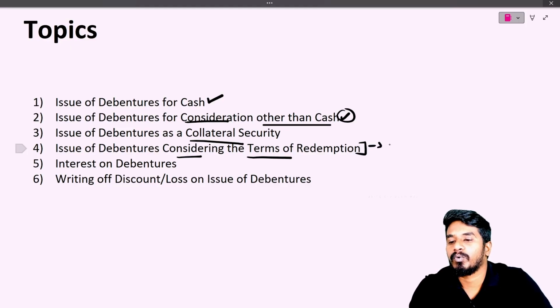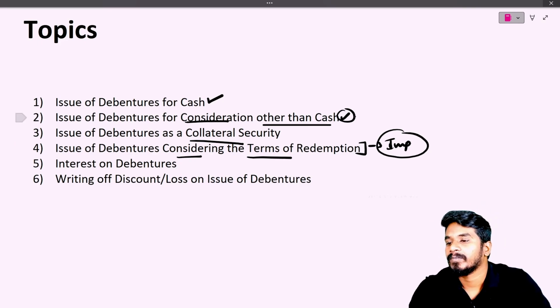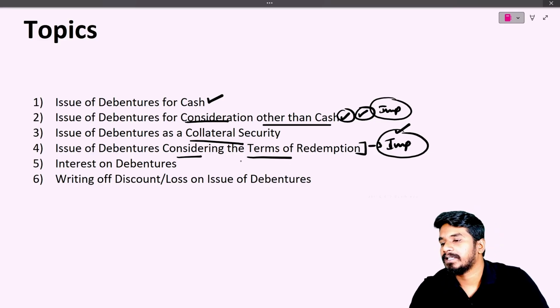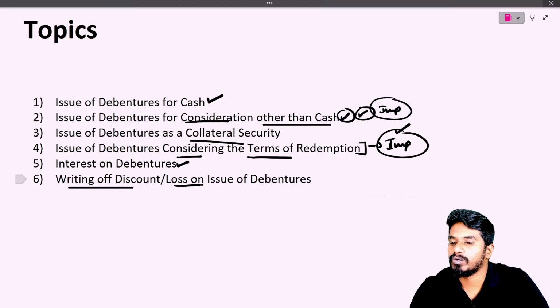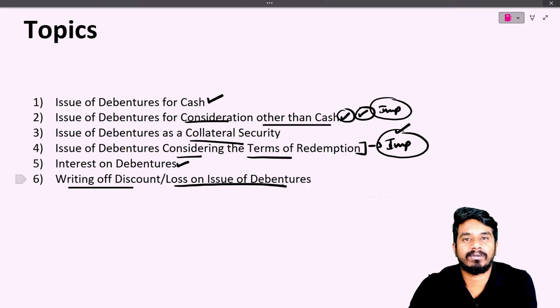This is the most important topic, you will get it in the examination, and the collateral security one is also important. These two topics are the major ones from the examination point of view. The fifth one is interest on debentures, and then written off of discount or loss on issue of debentures.